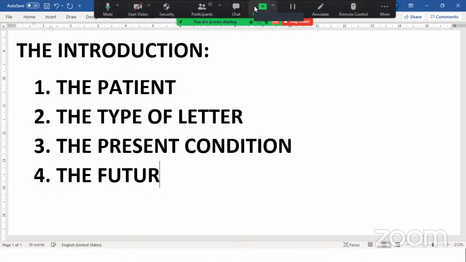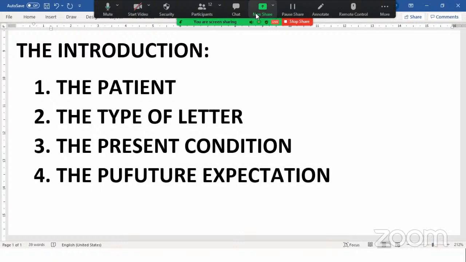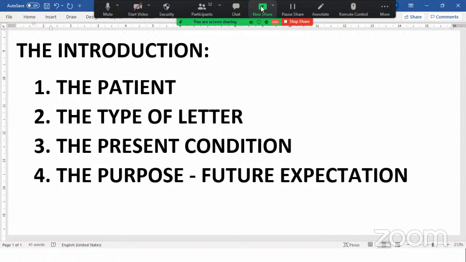The future expectation. What you are expecting, that means the purpose. This is the main thing. The future expectation is otherwise called the purpose. What you want from them. So these are the four things that will go into the introduction. Now you know these things. The name of the patient.